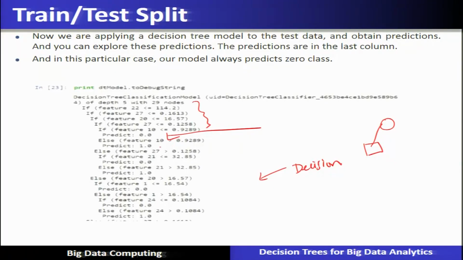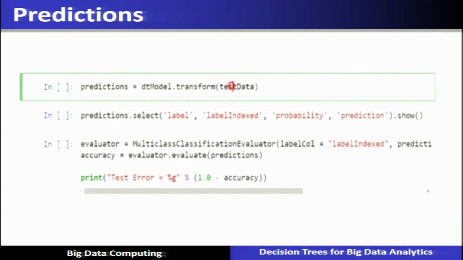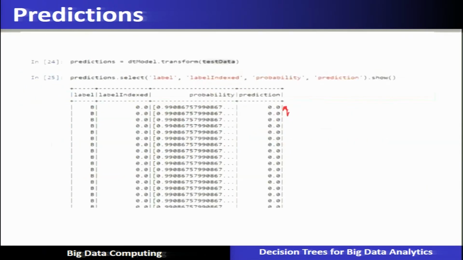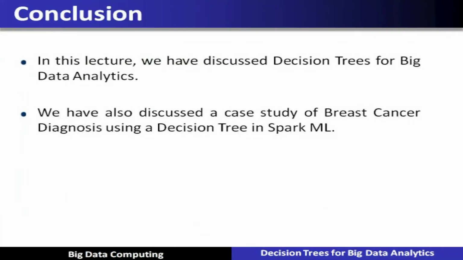This is the decision tree calculated out of the training data set, and using the test data set we can evaluate this model based on its prediction accuracy, which comes out to be 96%, which is fairly good.